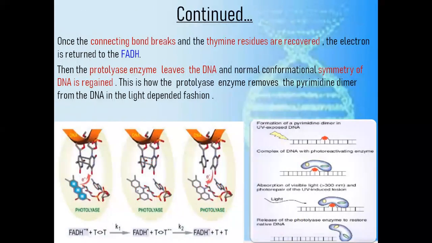Once the bond breaks, the thymine residues are recovered. The electrons are returned to the FADH, the photolyase enzyme leaves the DNA, and the normal conformational symmetry of the DNA is regained. This is how photolyase enzyme removes the pyrimidine dimer from the DNA in a light dependent fashion.